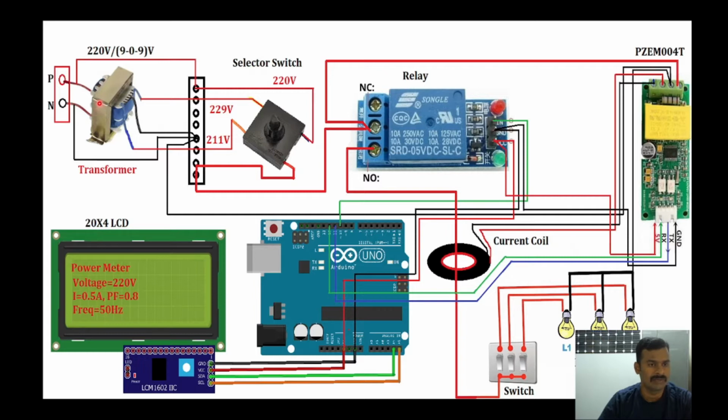The transformer here, we are not going to use this as a step down transformer. Instead, we are going to use this transformer to give different levels of voltages. Using this transformer, I am going to get different voltages as shown here.